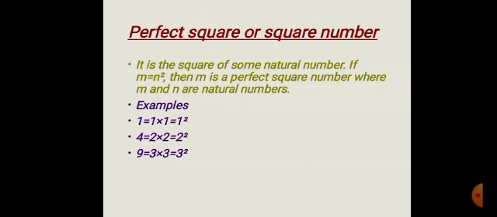It means m is 4 and n is 2, and 4 and 2 both are natural numbers. Another example, 9 is equal to 3 multiplied by 3, which is 3 square. It means 3 and 9 both are natural numbers.